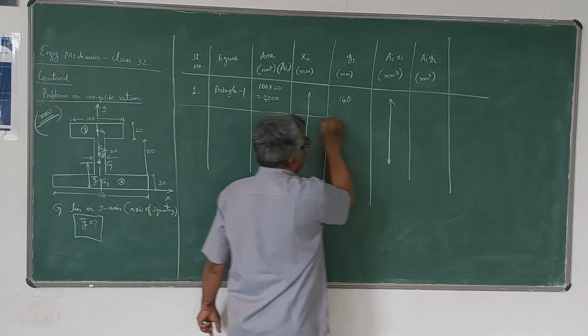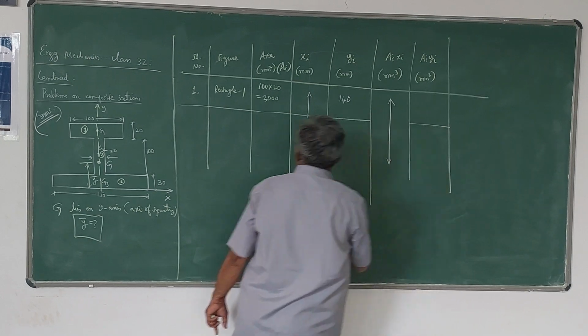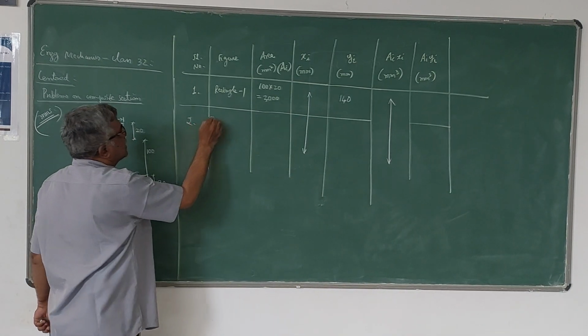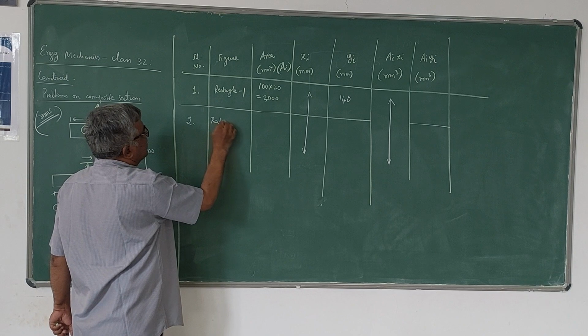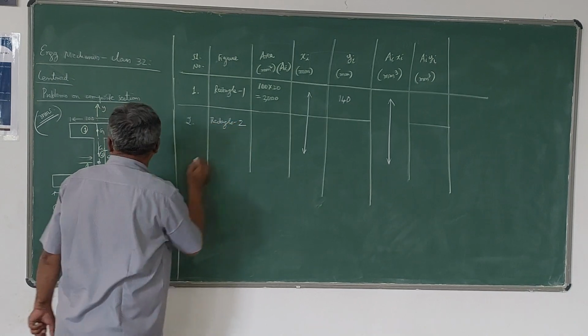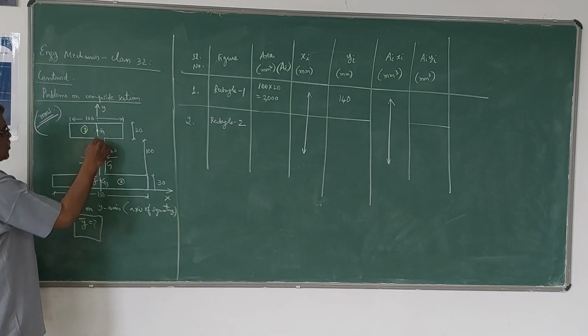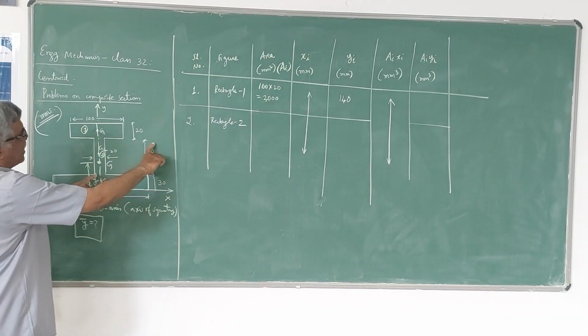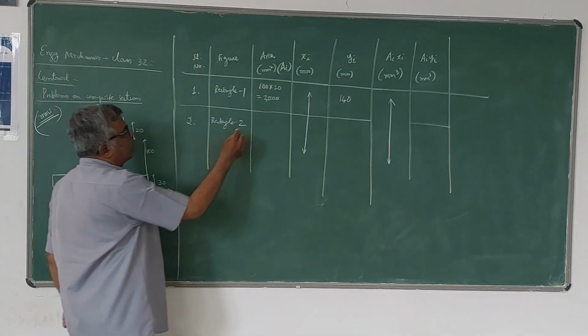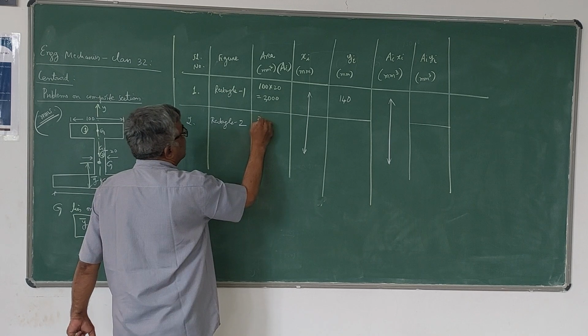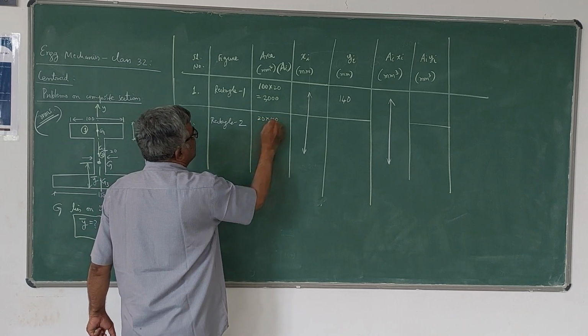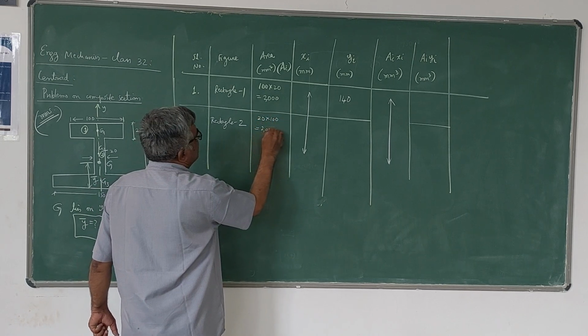This is rectangle 1, then rectangle 2. Rectangle 2 is this portion. Area of this will be 100 into 20, which is also 2000 millimeter square.